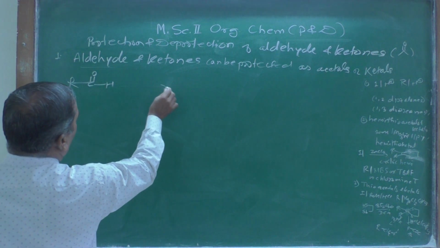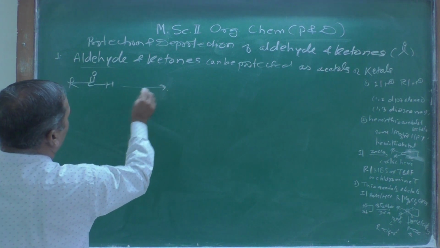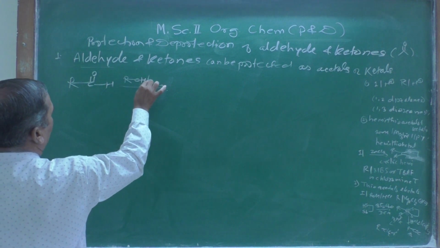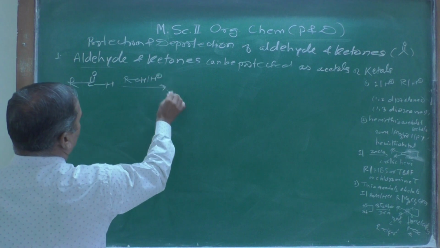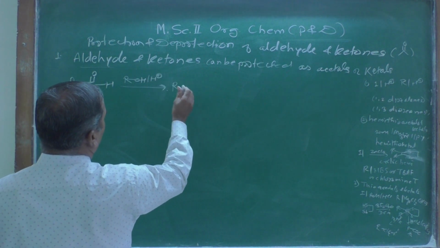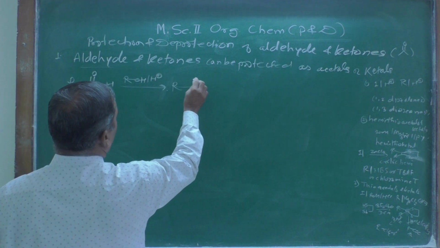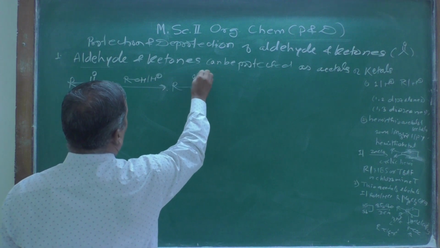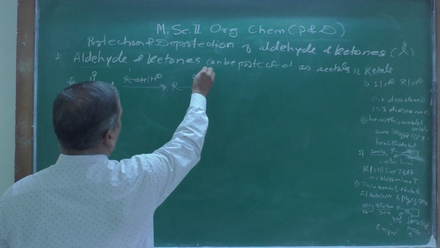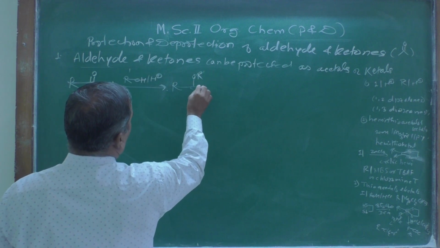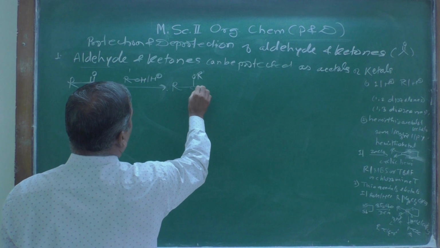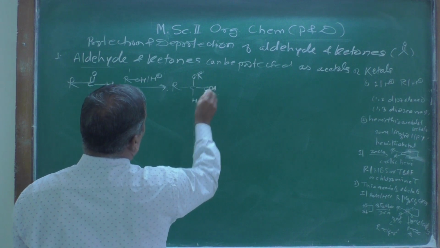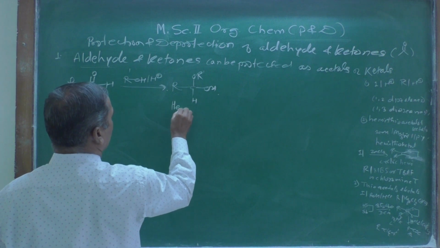If it is treated simply with alcohol ROH in presence of H plus, you are going to get first R, then OR', and here H, you can write OH. It is called a hemiacetal.